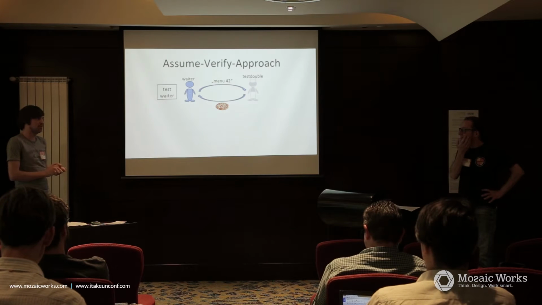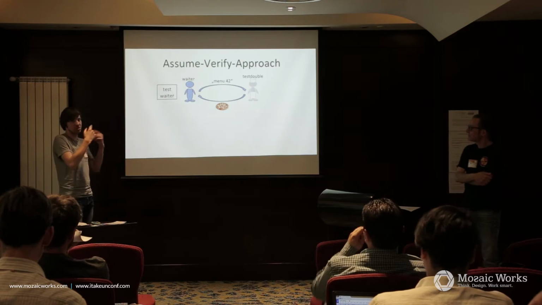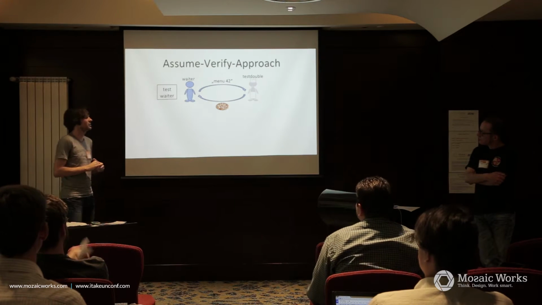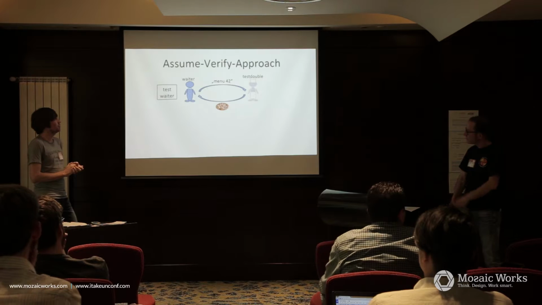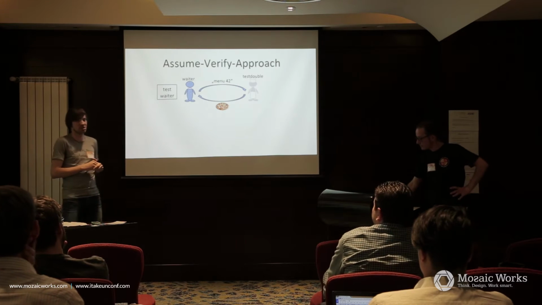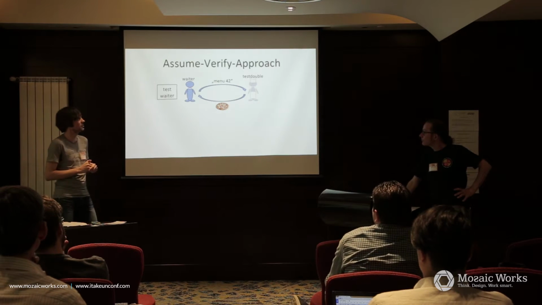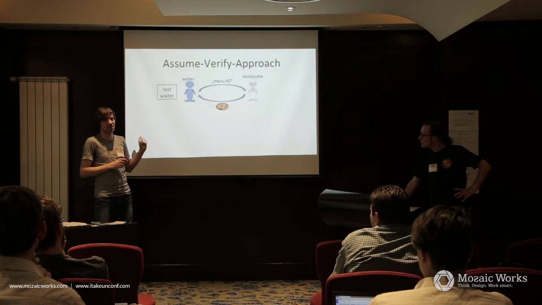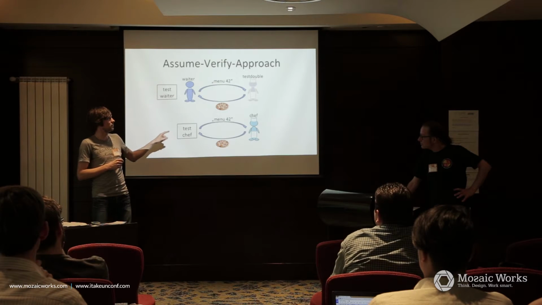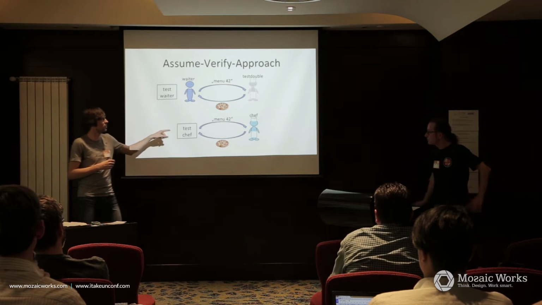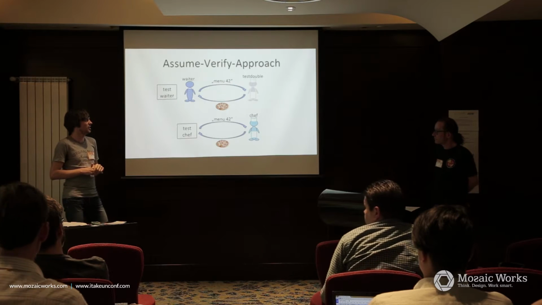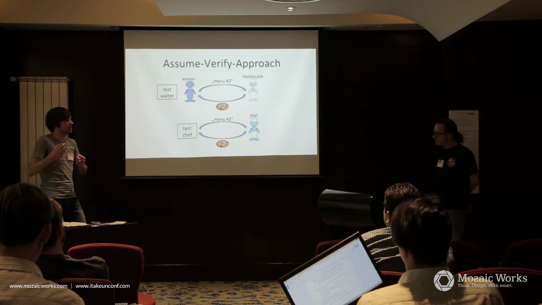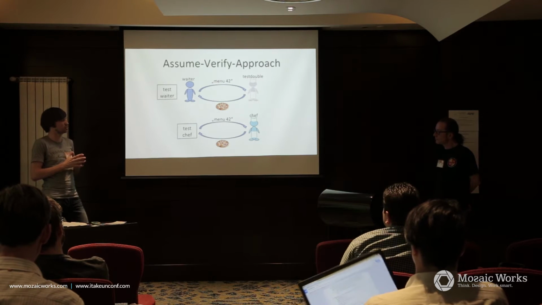Okay, the assume verify approach is very simple. We could also only use integrated tests, but we don't want to do that. So what can we do? Whenever we write a test and we use a test double, we also should write a test for the real collaborator. And we use the same parameters and check if the same thing is returned.